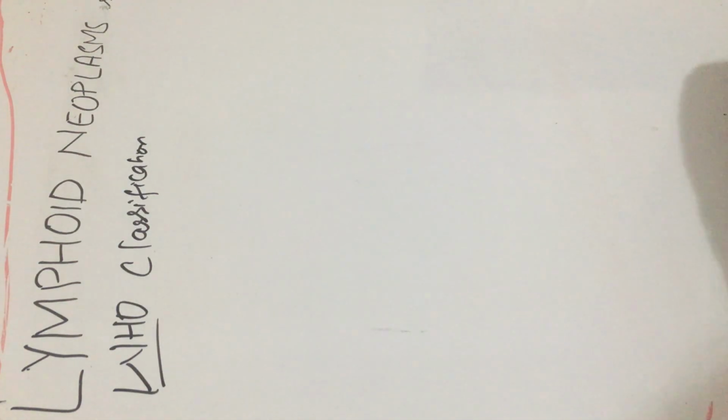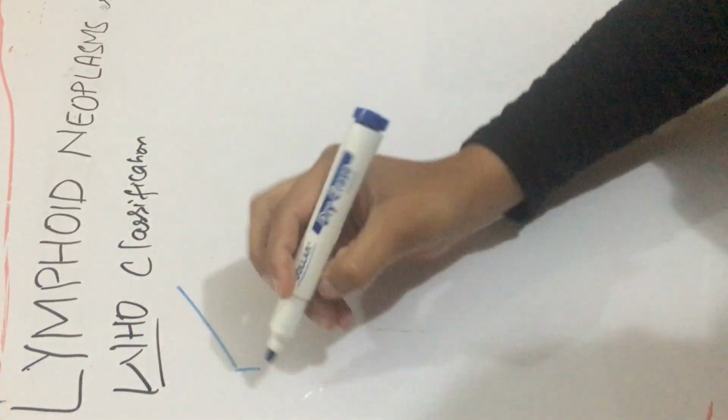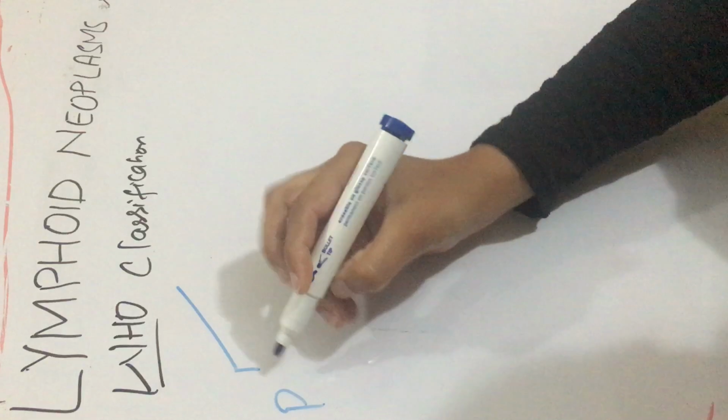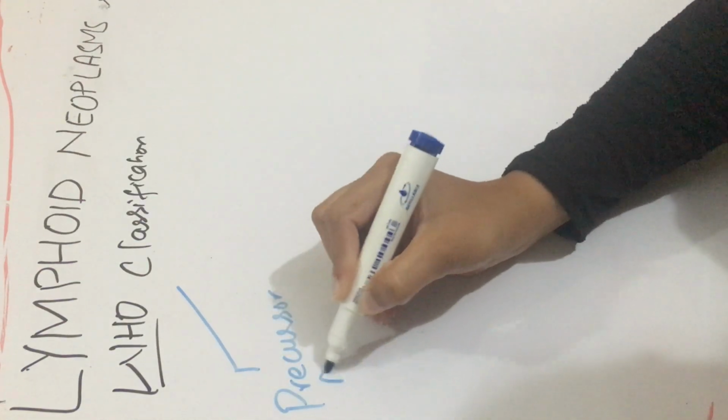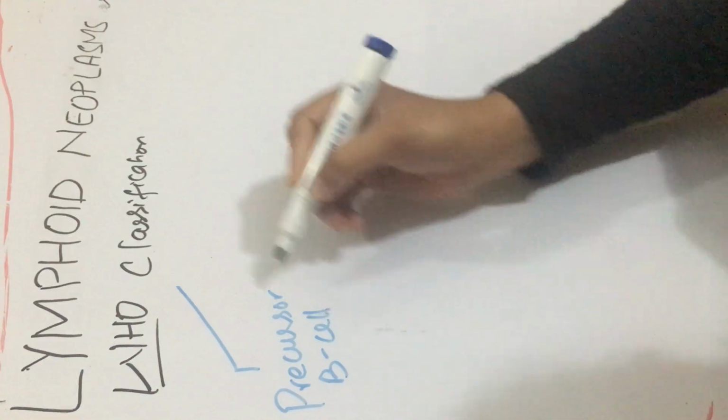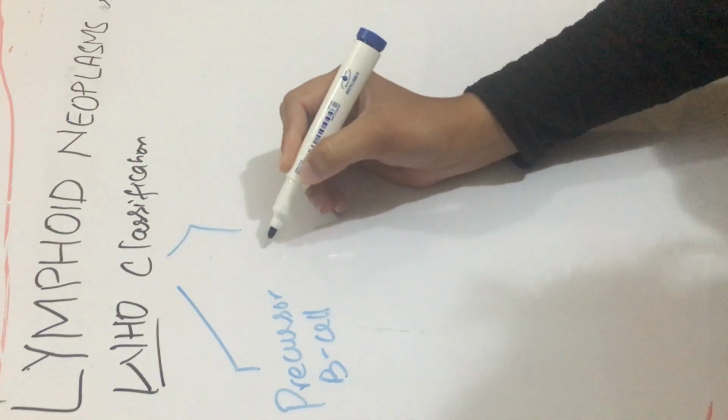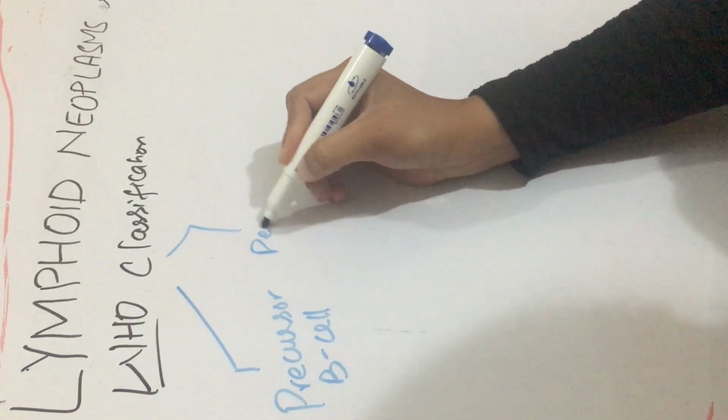Mainly the lymphoid neoplasms are of 5 varieties. First is the precursor B cell neoplasms and peripheral B cell neoplasms.